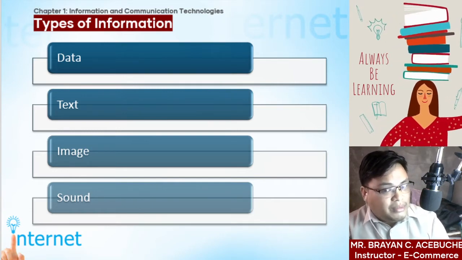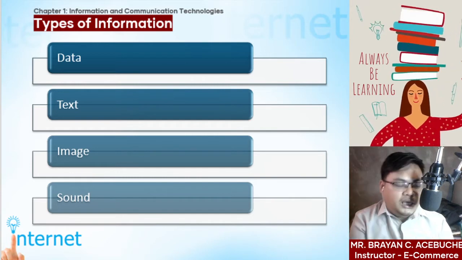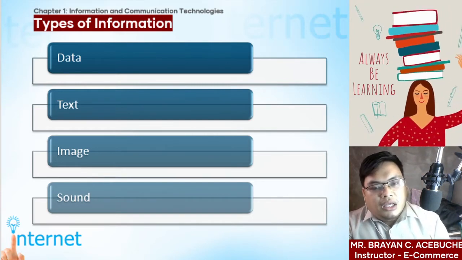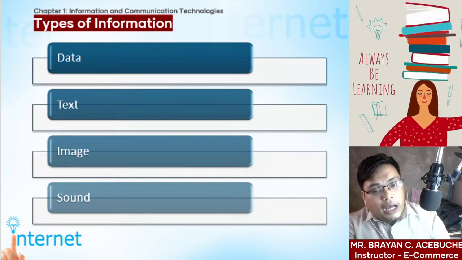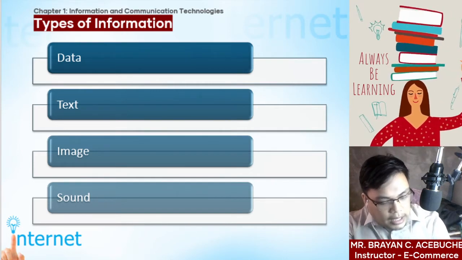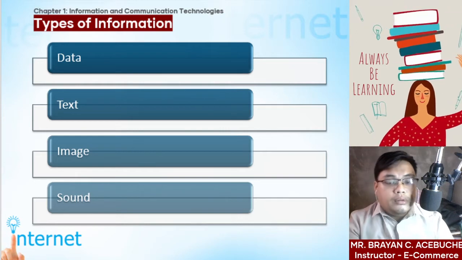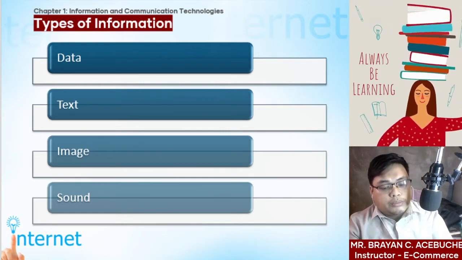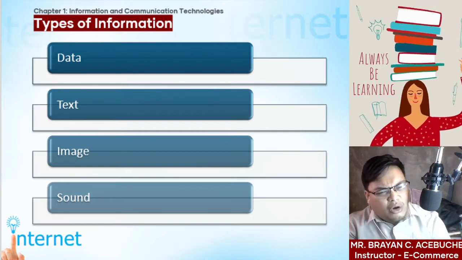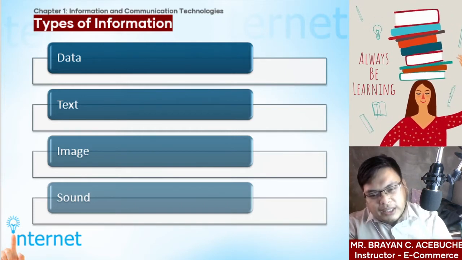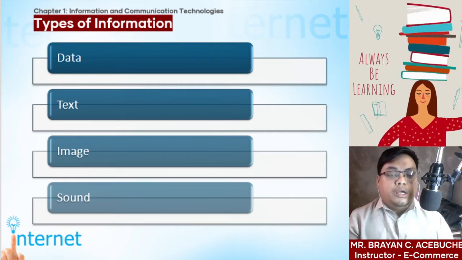Of course, image, hindi naman na siguro kailangan pang i-explain. It is a form of information in a visual format. While sound naman, it refers to the spoken word or spoken information that is pwedeng recorded or pwedeng instantly captured. So that is sound.